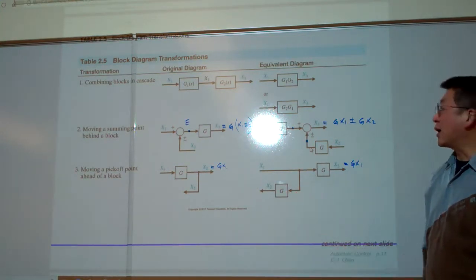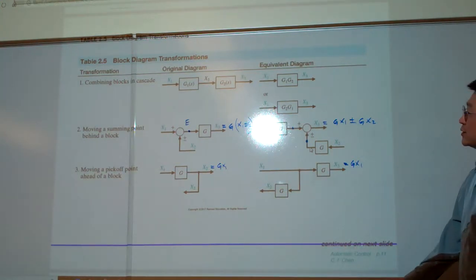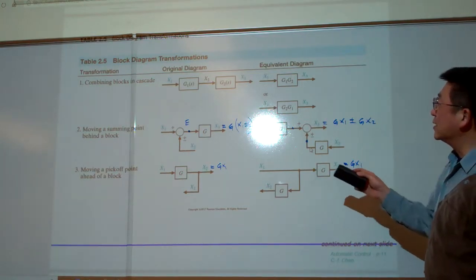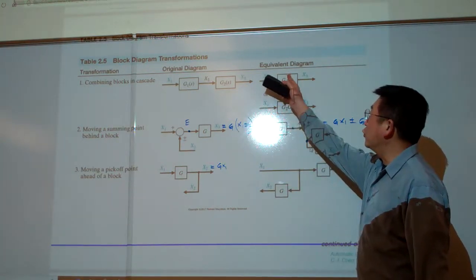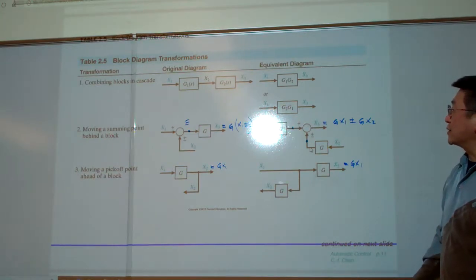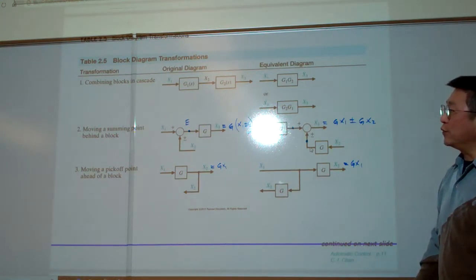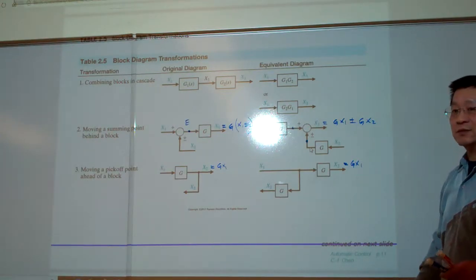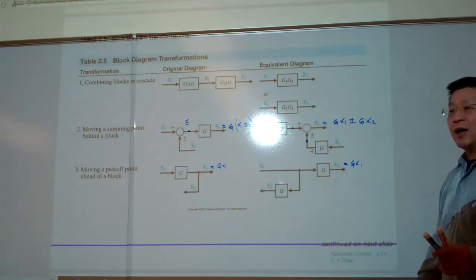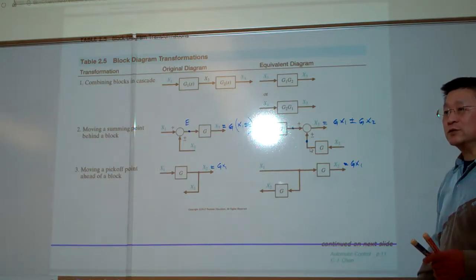And the learning point in this slide, given the original diagram or the equivalent diagrams, is just to tell you that for a single system there are many configurations of the block diagram you might be able to use.